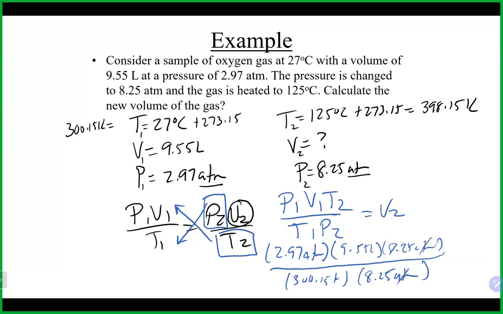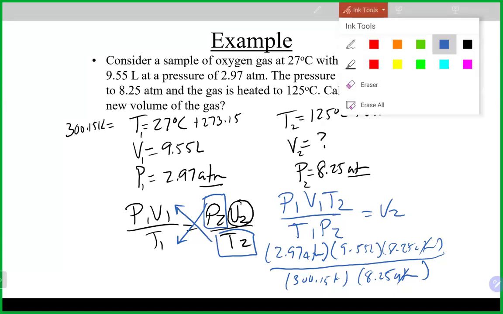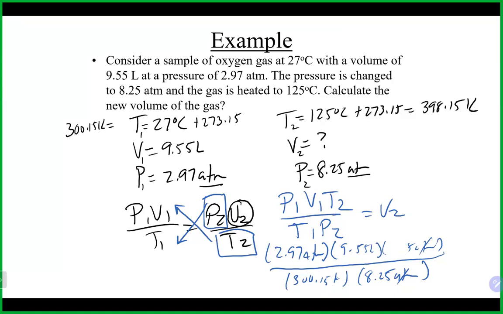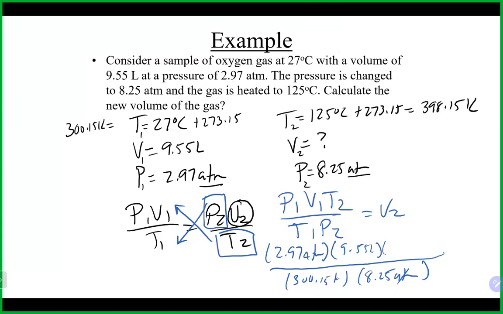Again, atmospheres are going to cancel. And I feel like I put the wrong one there, didn't I? I did atmospheres twice on top there. That's not good. Let's try that again. That should be our temperature up on top, which is T2, which is 398.15. Okay, that's better.